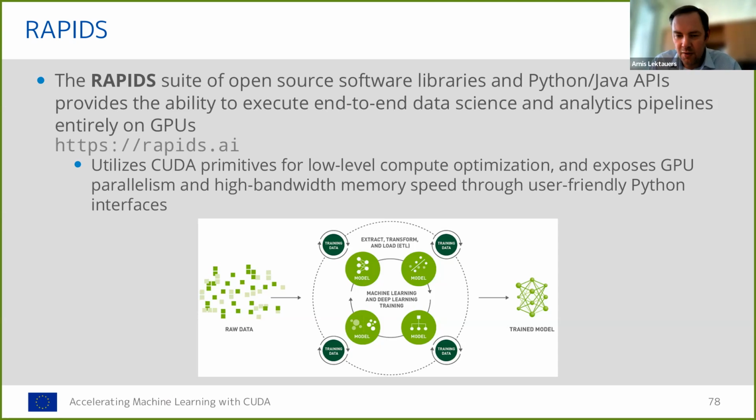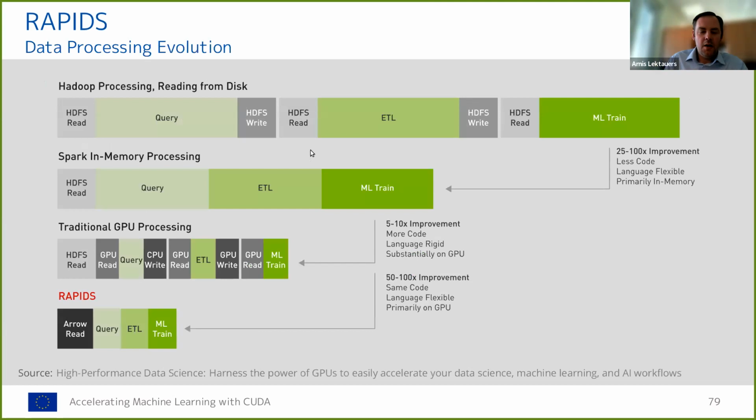The user can work with Python without dealing with CUDA directly. The initial idea of the RAPIDS framework is based on the classical ETL approach, as you know, the extract, transform, and load concept. RAPIDS implements this concept in a modern way with very good performance.